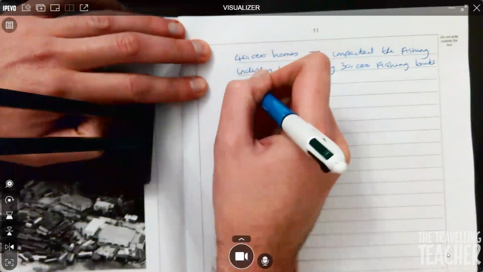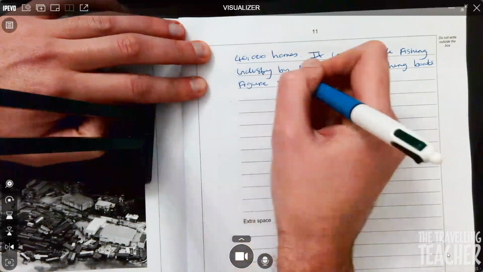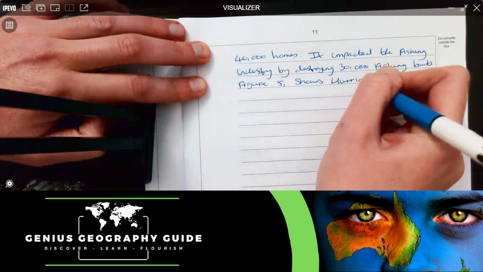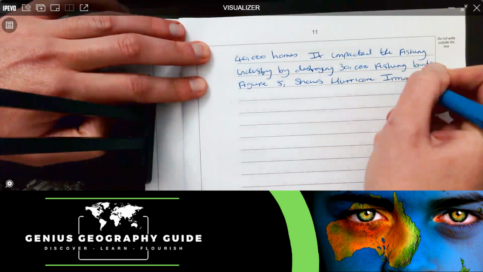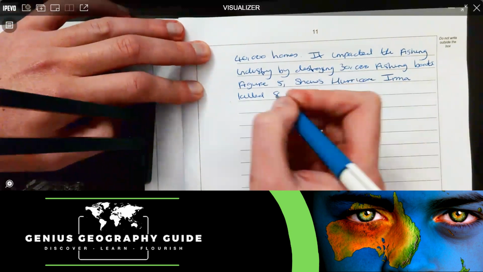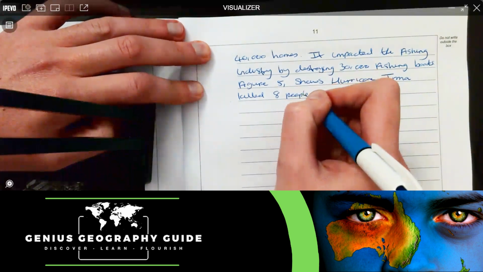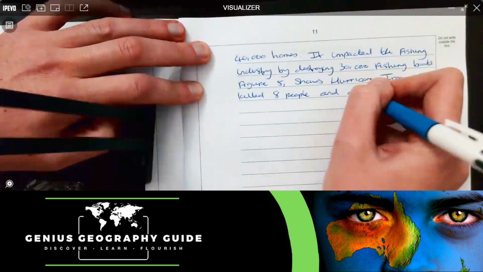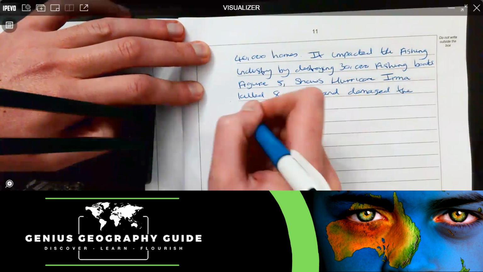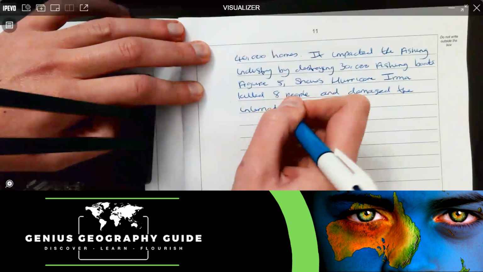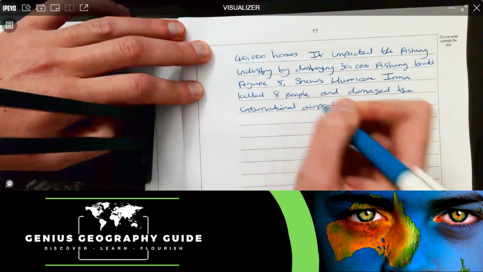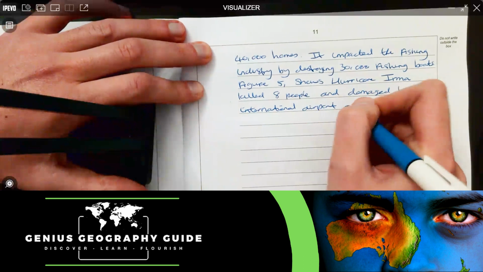Let's now also refer to figure 5 as well. Figure 5 shows Hurricane Irma killed 8 people and damaged the international airport and harbour.